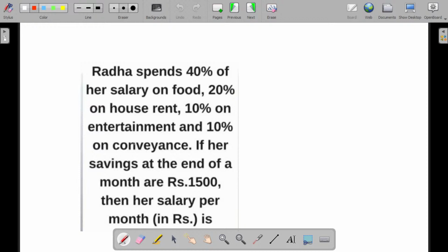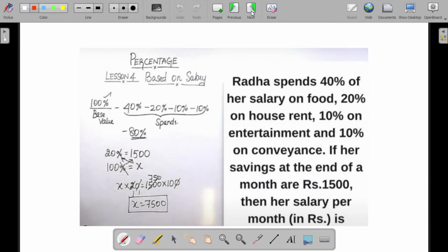So we need to calculate her monthly salary. The answer is 7,500. Ashwini also mentioned the same.